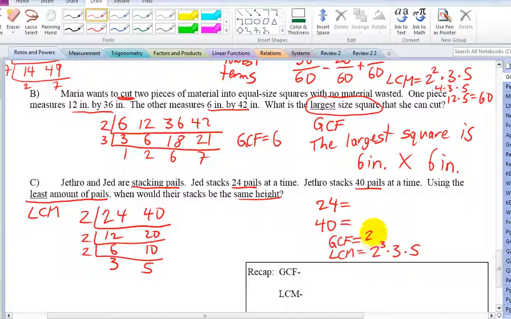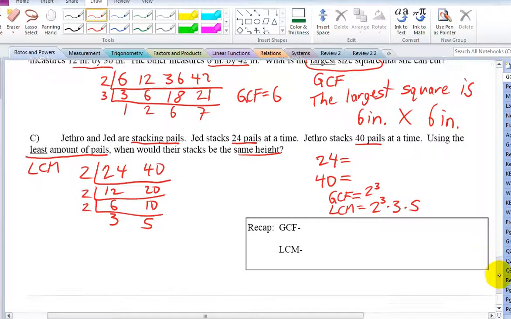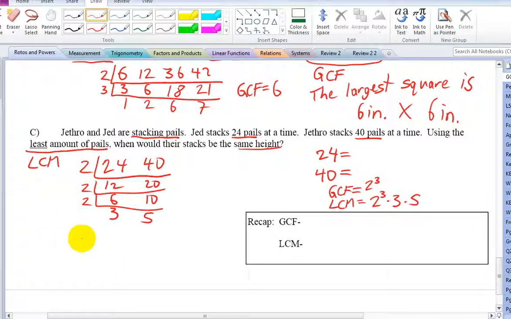The GCF is 2 cubed. Okay. So then we can go and figure out the LCM actual number. 8 times 5 is 40, times 3 is 120. Okay. So at 120 pails, the stacks are the same height.